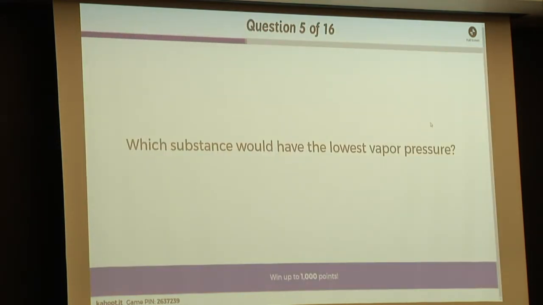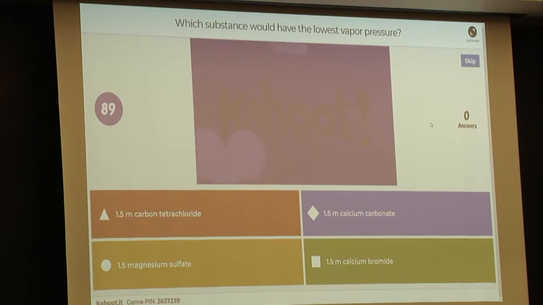Okay, which substance would have the lowest vapor pressure? I actually want to skip this question.